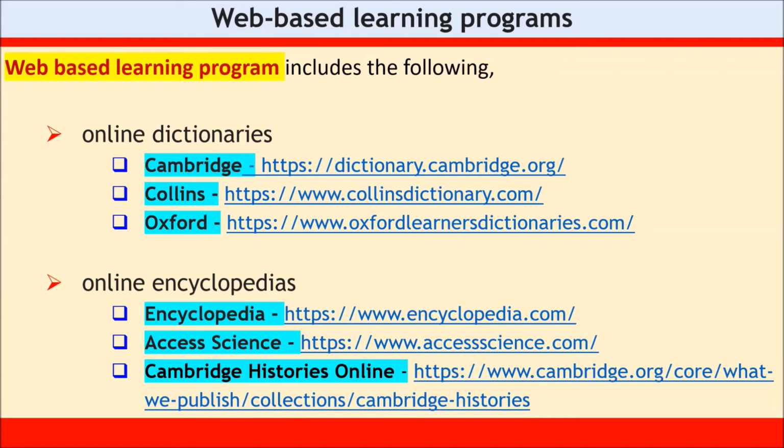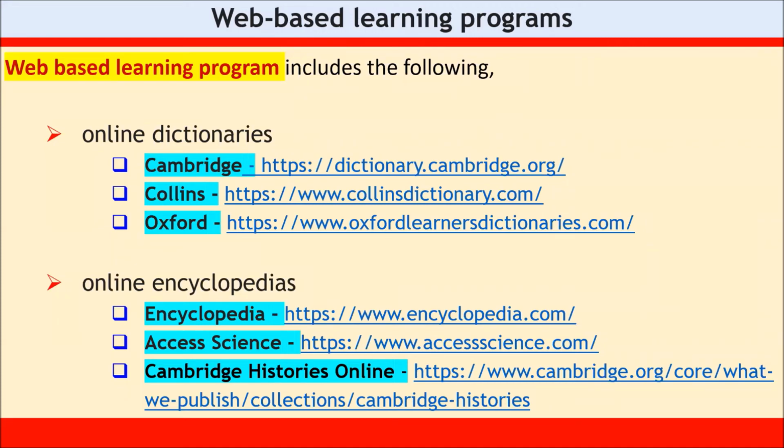Online encyclopedias are also very common. If you want to get the meaning in somewhat more detail, you can use the encyclopedias. Especially these encyclopedias are available for a range of subjects, not only for a specific one. Access Science is one of the popular ones for details of science subjects.